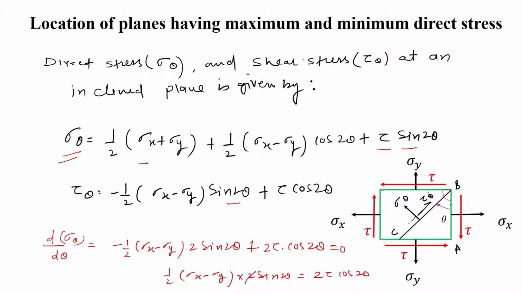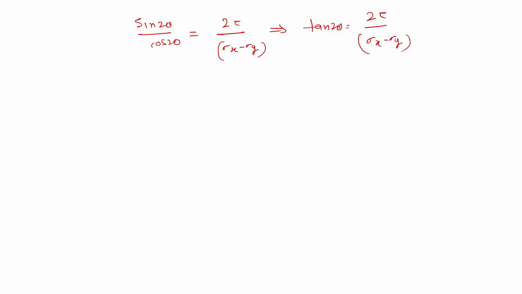So this 2 will get cancelled out, and sin 2 theta over cos 2 theta is equal to 2 tau over (sigma x minus sigma y), or we can say tan 2 theta is equal to 2 tau over (sigma x minus sigma y).